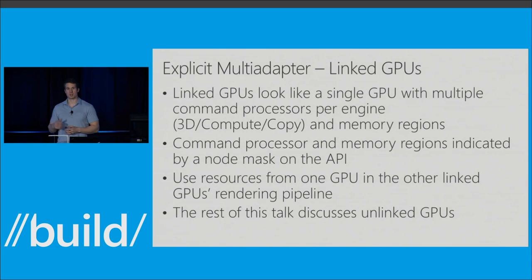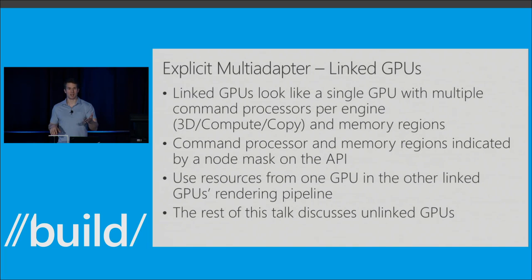I want to focus on the unlinked part, which is the demo, and that'll create some building blocks to talk about linked later. But just at a high level, linked GPUs in Direct3D 12 look like a single GPU, but you have the ability to create queues, like 3D queues and copy queues, targeting each individual processor. Likewise, when you allocate resources, you can actually specify which GPU those resources are local to. So you can optimize for whatever given rendering you want.